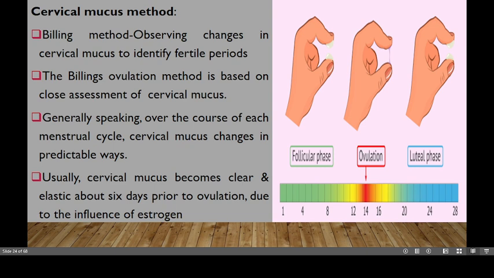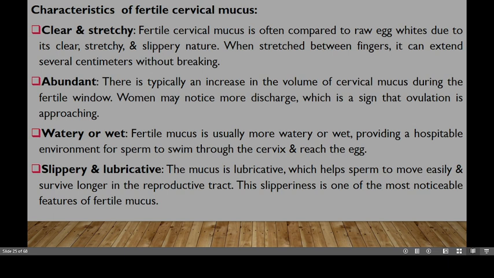Starting from the follicular phase through ovulation to the luteal phase. Usually cervical mucus becomes clear and elastic about 6 days before ovulation due to the influence of estrogen.